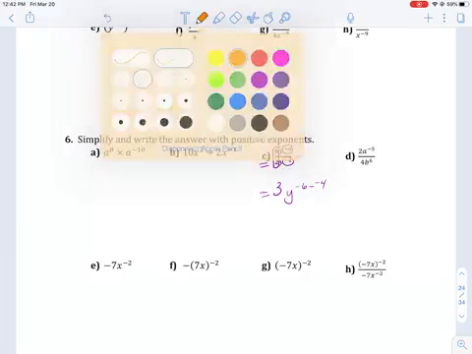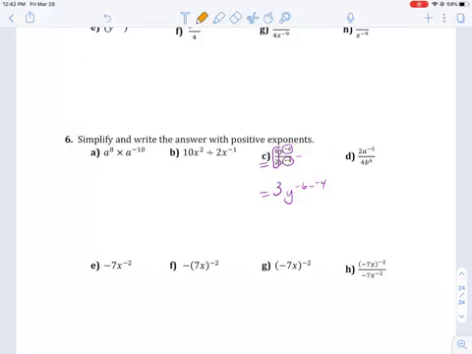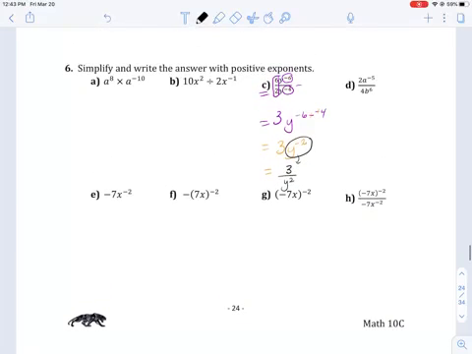So when I think of subtracting a negative, we know that means we're going to add a positive. So what do we get? We get 3y. Negative 6 plus 4 is negative 2. And then finally, we have to rewrite that. This guy has to come down to the denominator. So we get 3 over y squared.